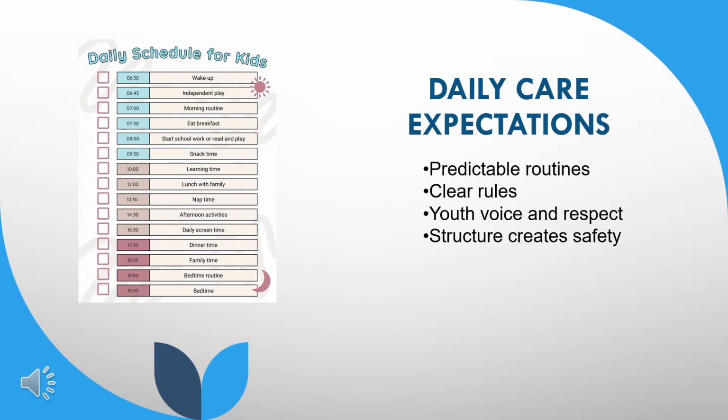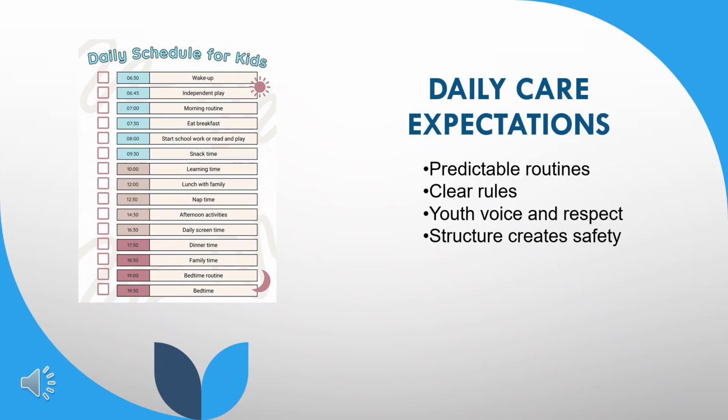Look over there to the left. Now this is not our actual schedule, it's just a schedule that I managed to put there. And so like if kids wake up at a certain time, it needs to happen all the time. Then they have free play, or they do the next thing: brush your teeth, get dressed for the day, morning routine, eat breakfast, start school or work, or read and play. What's going to happen there?